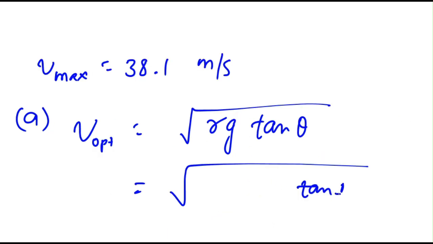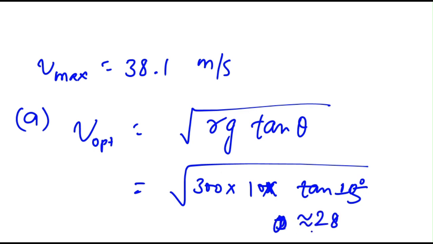Calculating the things given here, we get the final velocity with which this car can take the turn, nearly 28 meter per second.